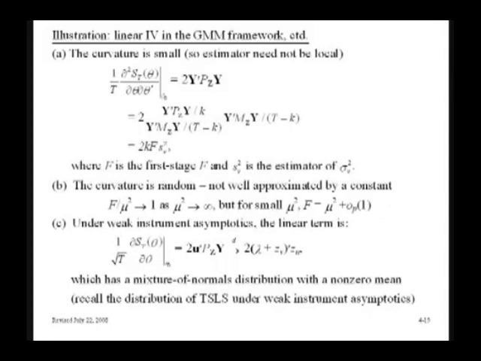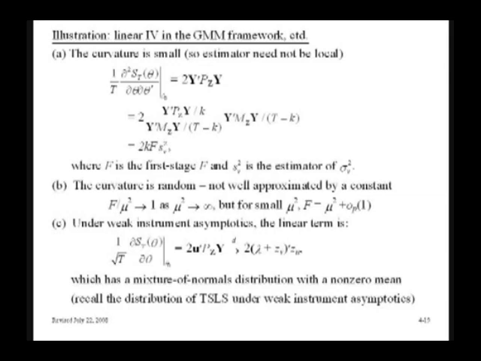Let me see if I don't have the expression. So the curvature is proportional to the first-stage F statistic times the number of instruments and then just the variance of the error. So the bigger the first-stage F statistic, the more curvature there is. Remember, if mu squared is small, what's going on here?